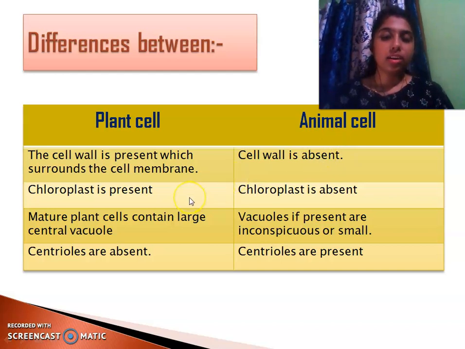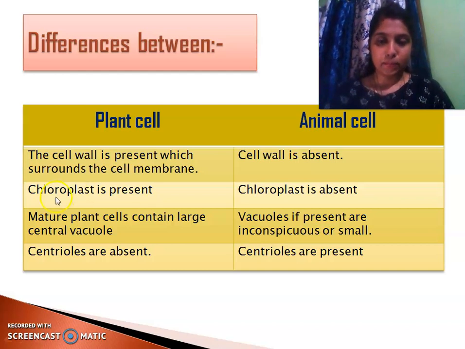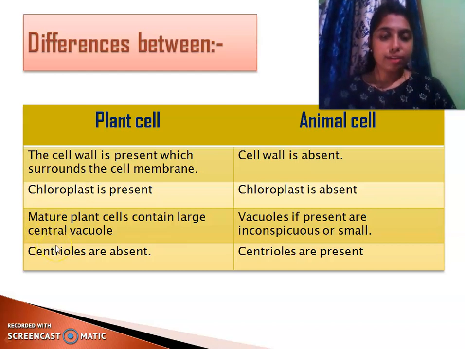Then chloroplast is present, which helps in photosynthesis, but in animal cell chloroplast is absent. Then mature plant cells contain large central vacuoles, while vacuoles are not present in animal cell, and even if present, they are very small. Clear? But in plant cells centrioles are absent, while they are present in animal cells. So these are the important differences between plant cell and animal cell.